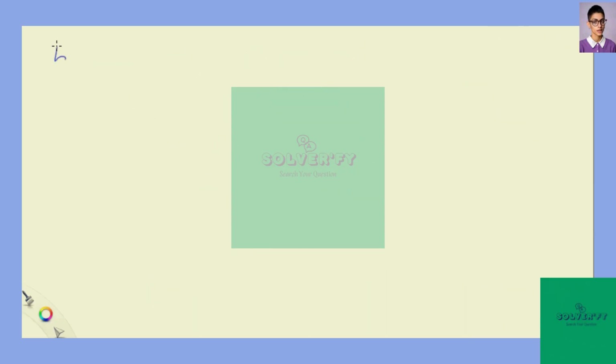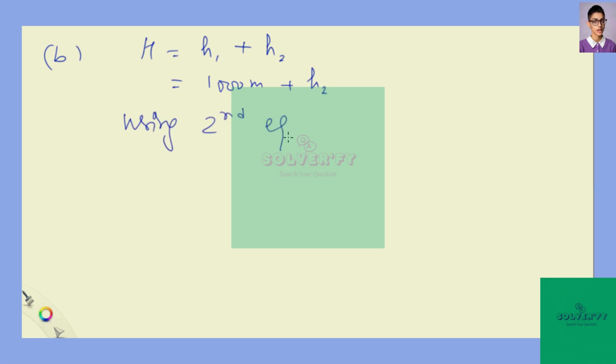Now, in the second part of the problem, we have to find the total height raised by the rocket, and that will be equal to h1, the height raised during accelerated motion, plus h2, the height raised during retarded motion, and we know h1 is 1000 meters, so we have to find this h2 only, for which we will use the second equation of motion for the retarded portion of the motion.